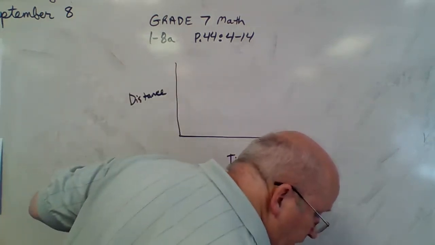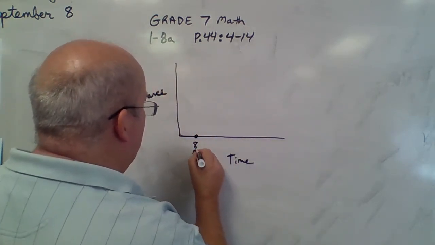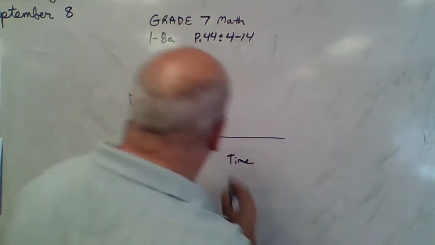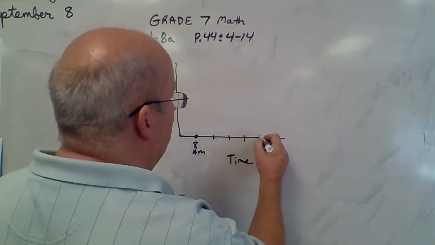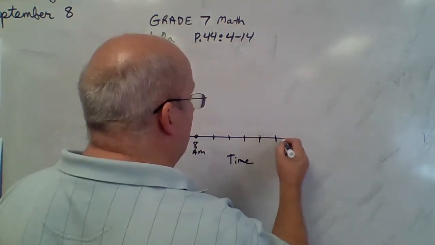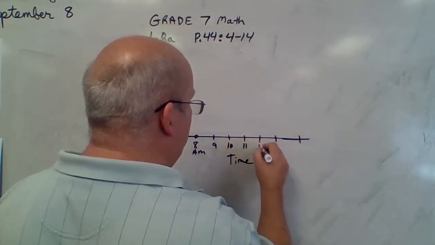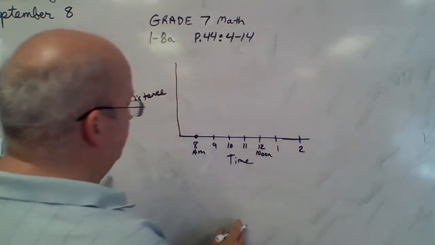And it starts with 8 a.m. at 0. 8 a.m. we're at 0. And then we can go up: 9, 10, 11, 12, noon, 1 and 2, right?